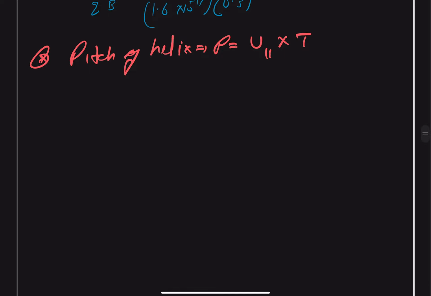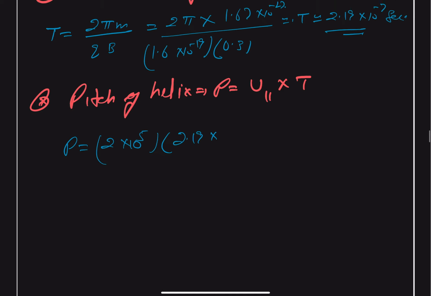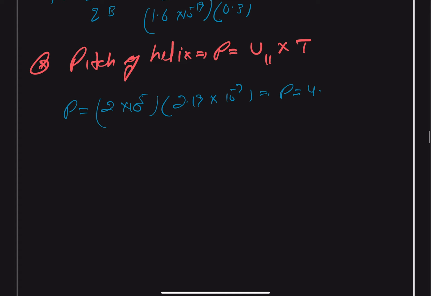We substitute values: V parallel is 2 into 10 to the power 5, time period is 2.19 into 10 to the power minus 7. This gives that the pitch is approximately equal to 4.38 centimeters.